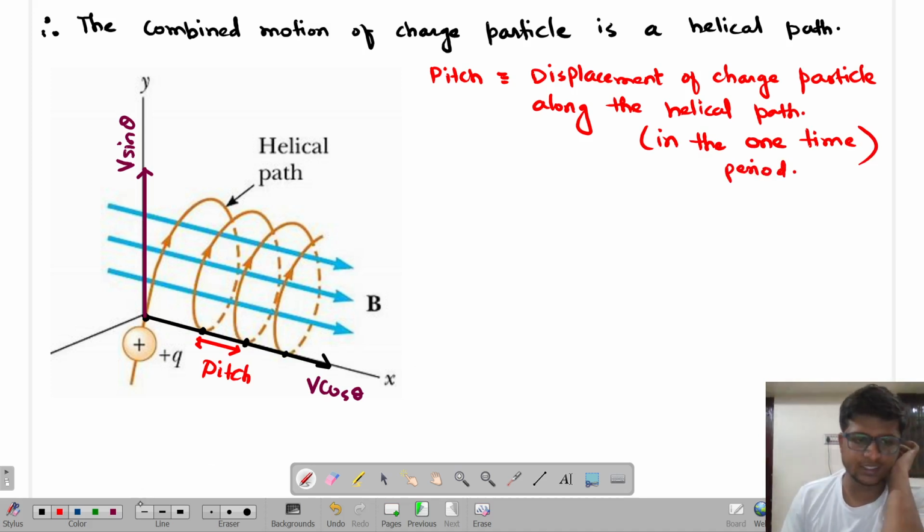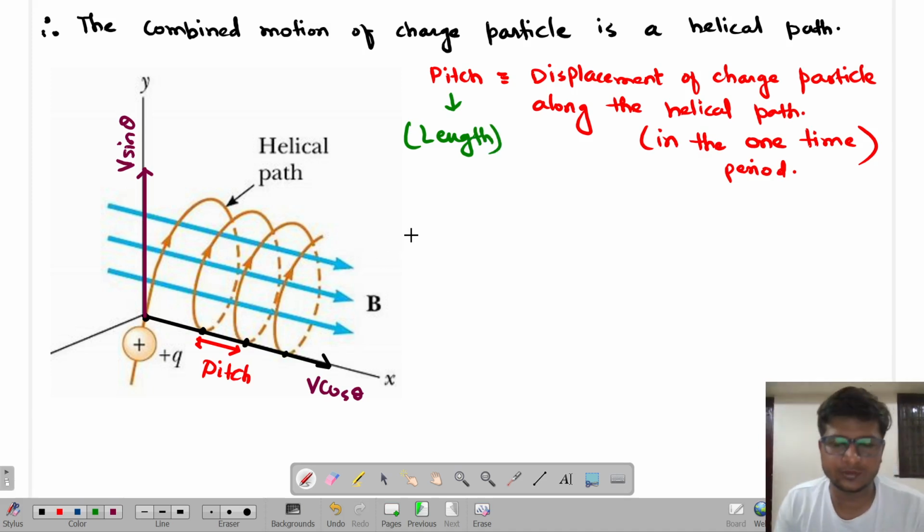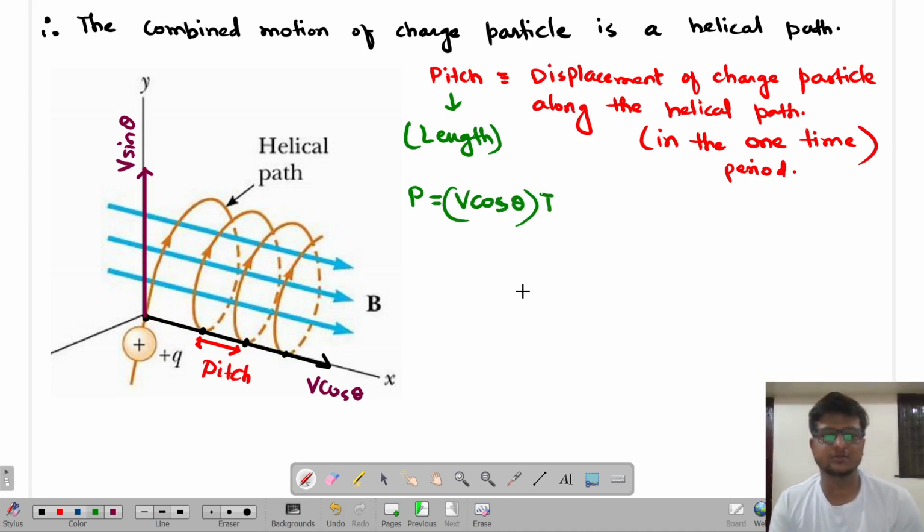Yes. So let us write the formula of pitch. If someone asks what the dimension of pitch is, it has the dimension of length only. So pitch is equal to the velocity along the x direction, which is v cos theta, multiplied by the time period. Basically, distance is equal to speed into time.